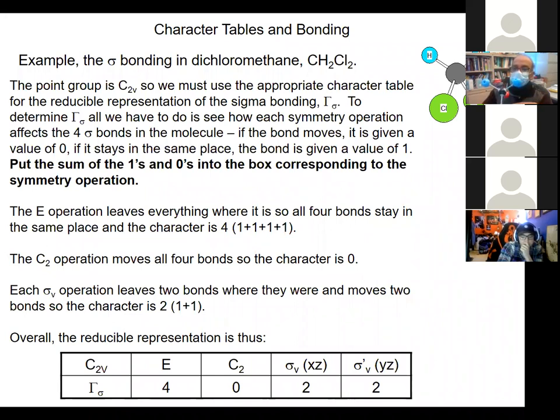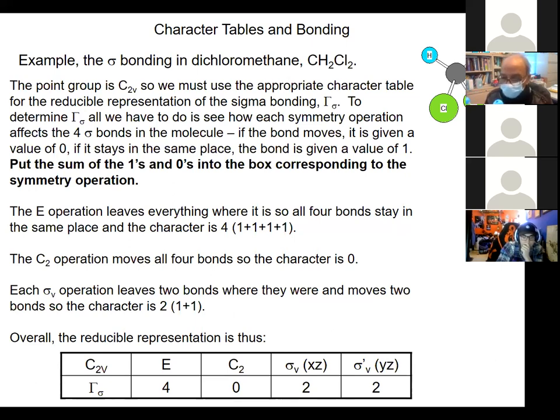So if you were to now draw a line going through this, look at my finger here, that's your C2, because that brings this here, that there, this bottom one to the front and the front one to the bottom. So that's a C2, and you have two reflection planes, one that contains carbon and two hydrogens, and the other one contains carbon and the two chlorines. So we have two reflection planes, one C2. So that makes C2v the point group for CH2Cl2.